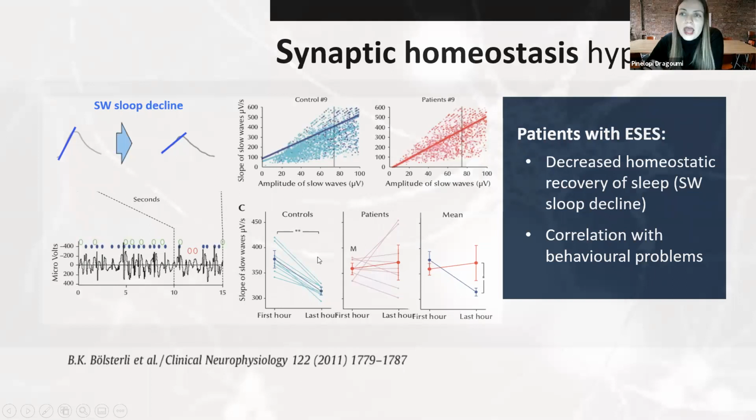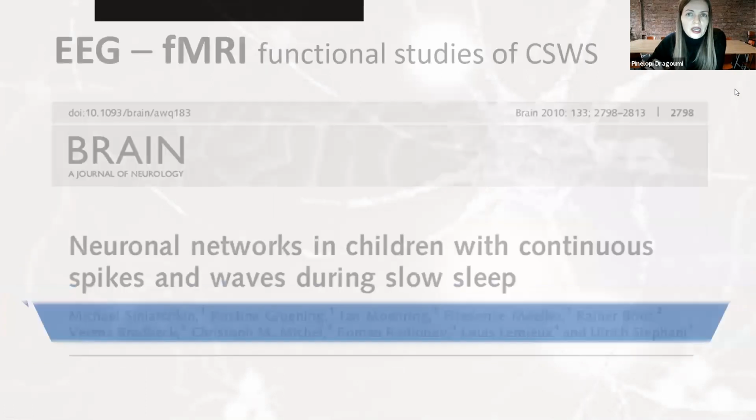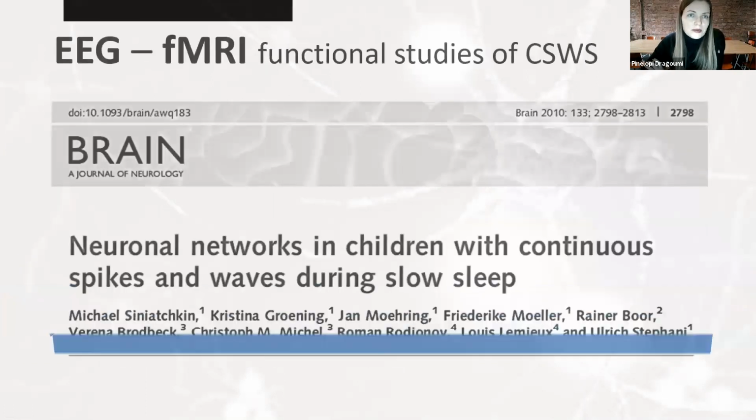And this is what happens normally in controls, but with children with SS, we don't see this decline, this decrease, and this homeostatic recovery of the synapses. And this is correlated with the behavioral issues that we see when we have this pattern of SS.